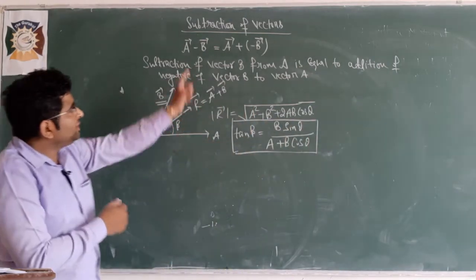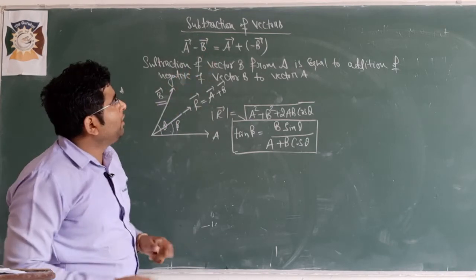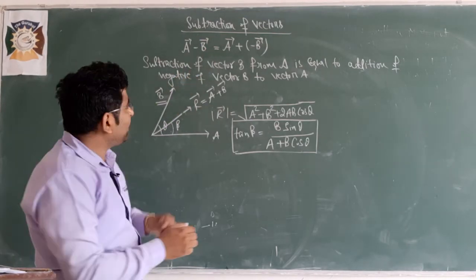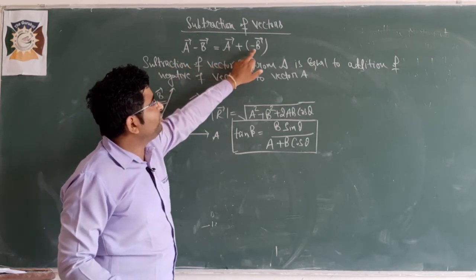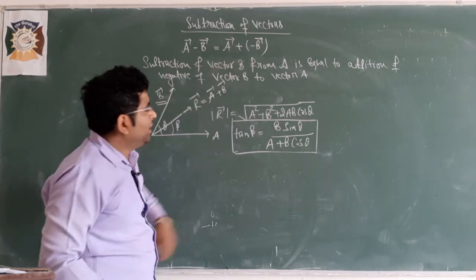So now in this case we have to calculate the subtraction of vectors. Suppose I want to calculate A minus B, then I have to calculate addition of minus B with A. How we will do it?